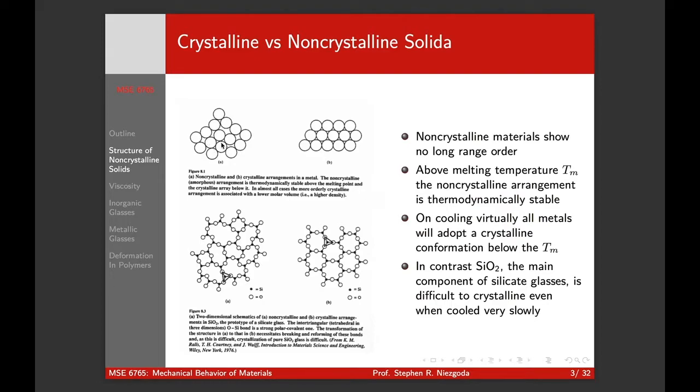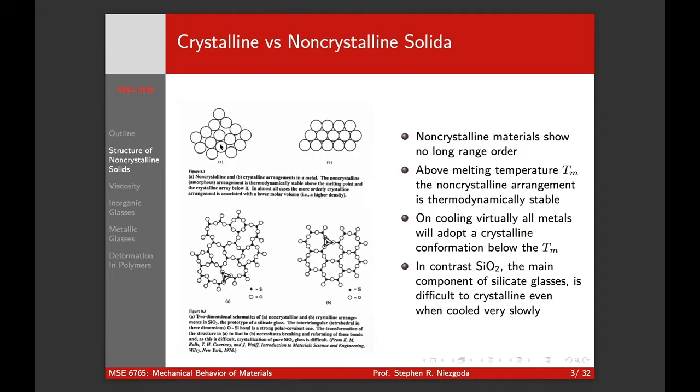So a lot of metallic glasses are based on BCC materials, and the neighborhood around each atom is very close to BCC.